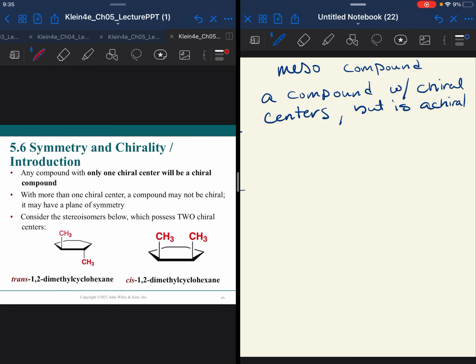So you might be thinking, well, how could that be? Well, let's take a look at 1,2-dimethylcyclohexane. That's what they have drawn here. We know that there could be trans 1,2-dimethylcyclohexane. And as it turns out, that's not really even specific enough because there are 2 trans 1,2-dimethylcyclohexanes.